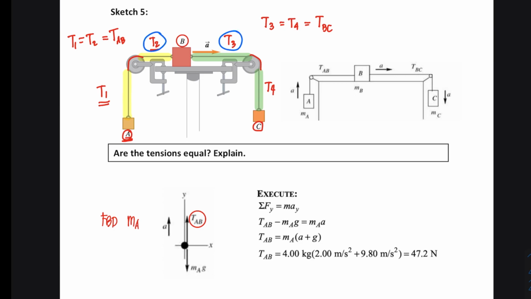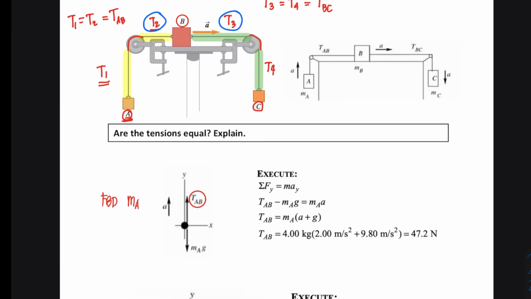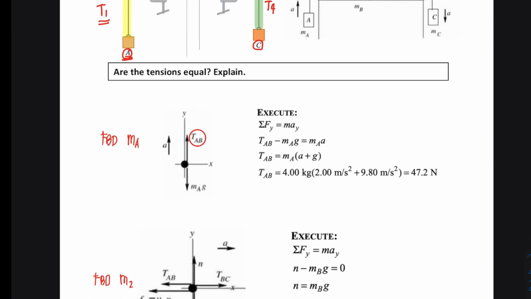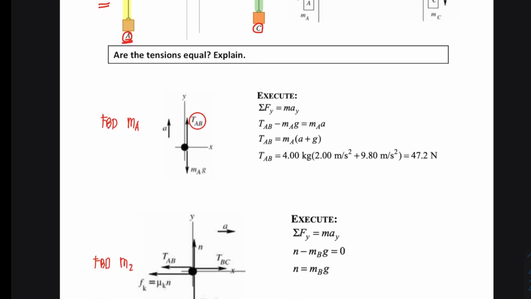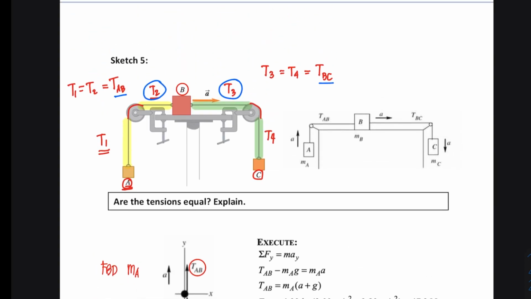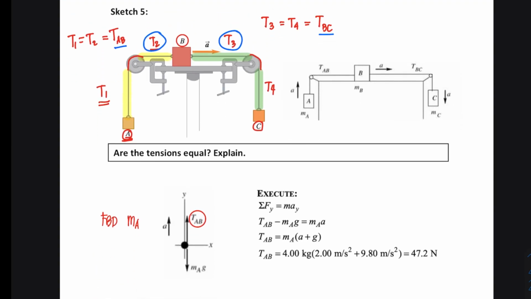But then again, if we realize that this is just T sub AB, this is just T sub BC, so your summation of forces as well as the free body diagram should look like this. T sub AB is directed towards the left and T sub BC is directed towards the right. Okay, so that is just your T2 and T3 from this notation.